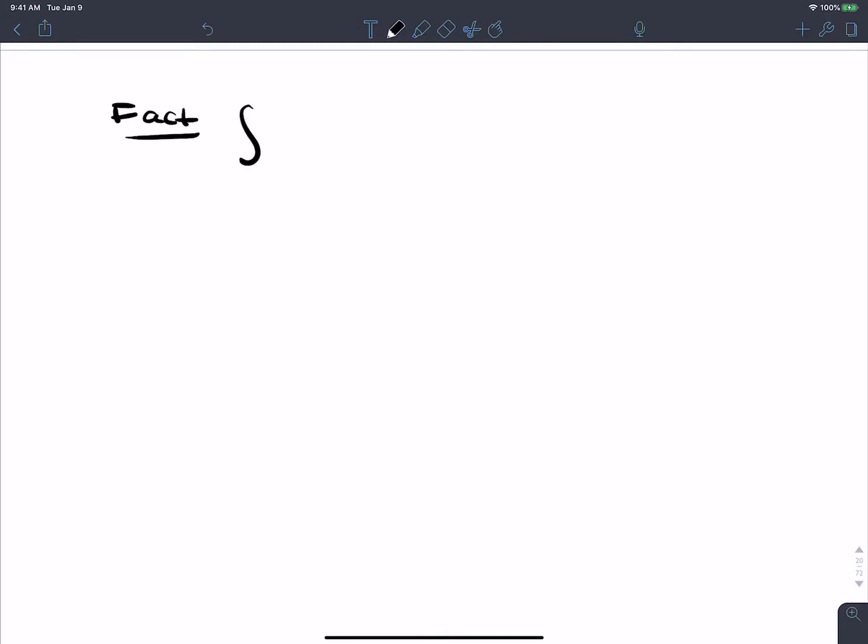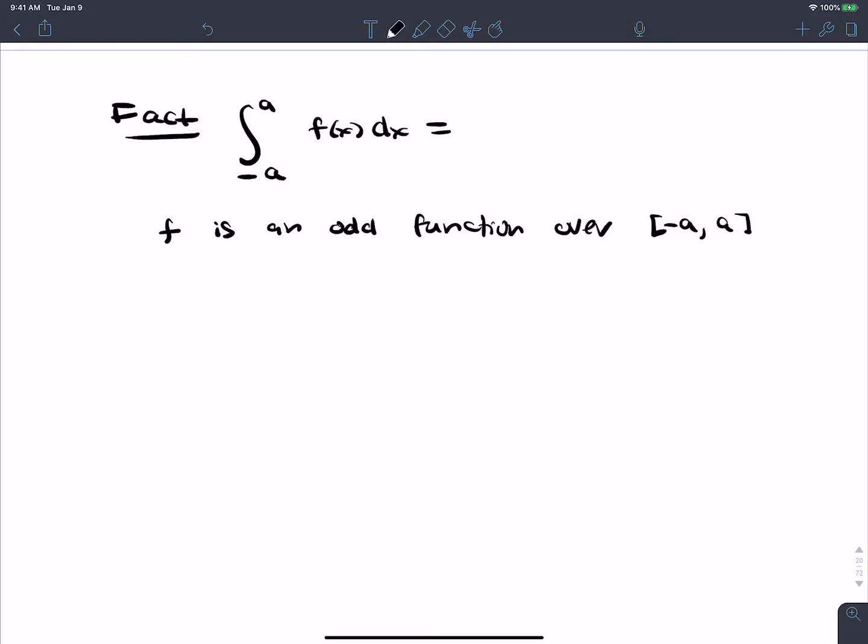Here's your fact. If you have a symmetric interval again, and this function f is an odd function over a symmetric interval, what should I write down as your answer? 0.